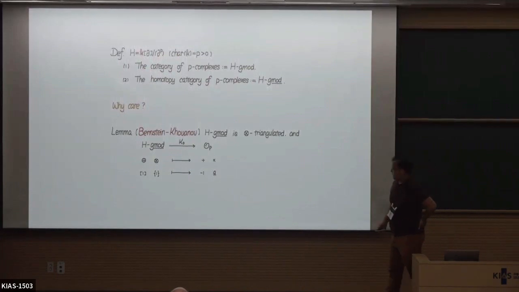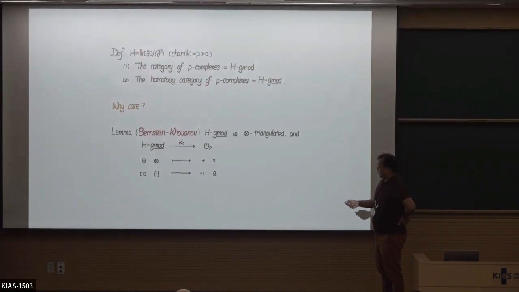The reason why we care about these two categories is because of the following very simple observation of Bernstein and Khovanov: both categories are monoidal categories, so they have a tensor structure because H is a Hopf algebra. Furthermore, when you pass to the stable category, it's tensor triangulated, and this triangulated category categorifies the ring of cyclotomic integers O_p at a pth root of unity.